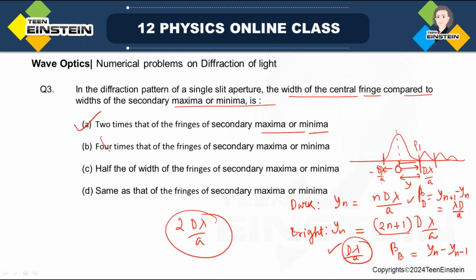It is not 4 times, not half, not the same. It can be seen from the diffraction pattern itself. So it is actually 2 times. All right, let us go to the next question.